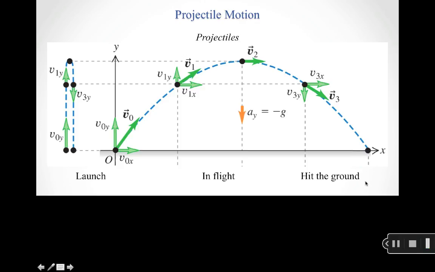The important thing to remember is that for our projectile motion problems, the equations that we're going to use are only valid when our object is in flight. So we're going to use the information we're given at the launch to tell us the initial instant when gravity starts to be the only thing that acts on the object.